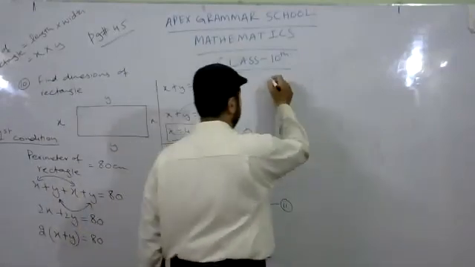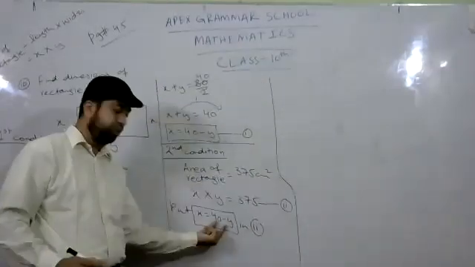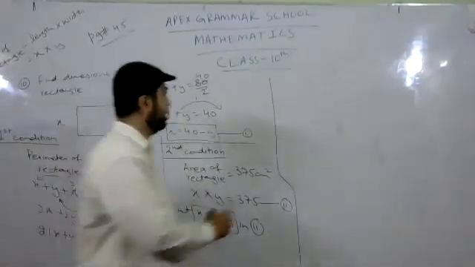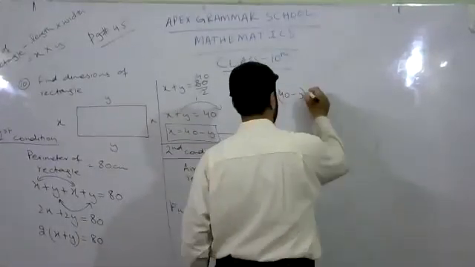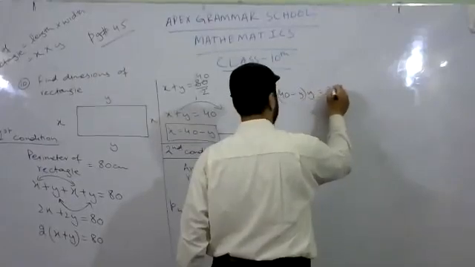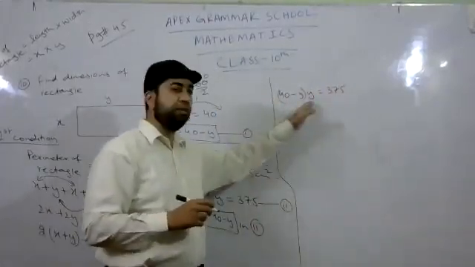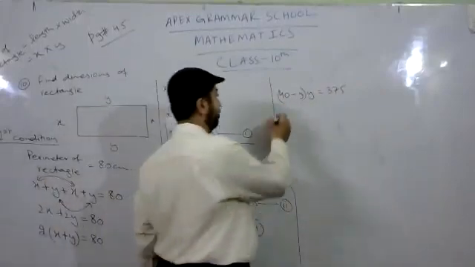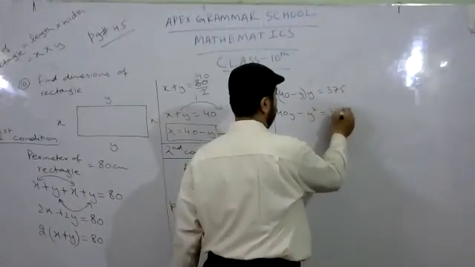Instead of x, we put 40 minus y, after that, multiplied by y is equal to 375. So you can multiply this y inside: 40y minus y square is equal to 375.